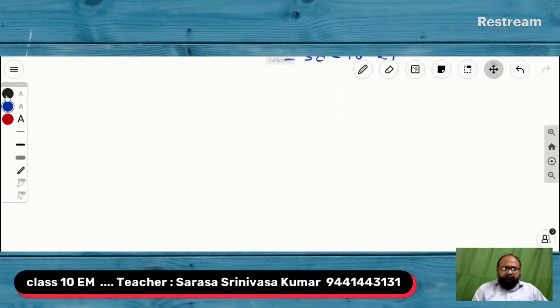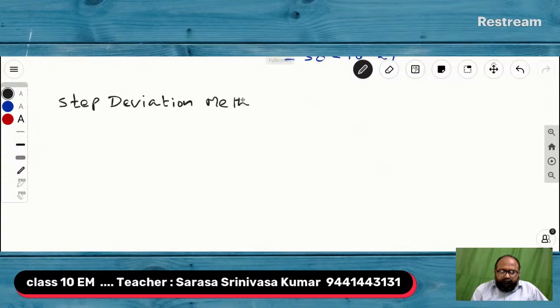Now the arithmetic mean by the step deviation method.